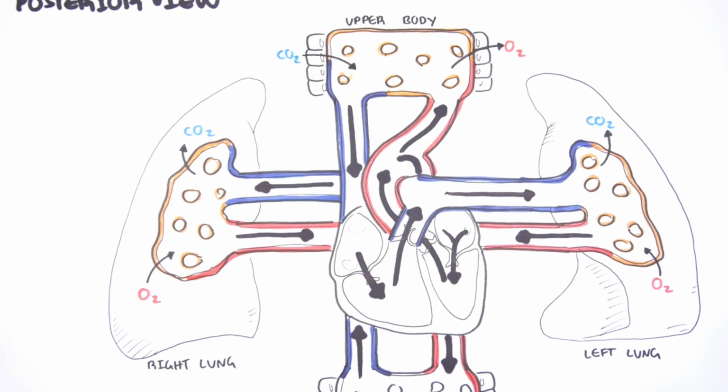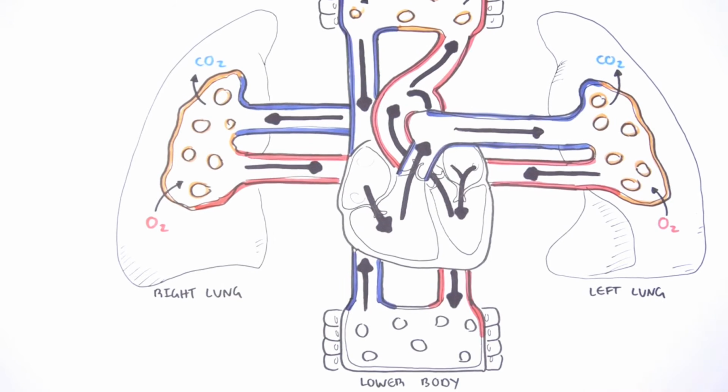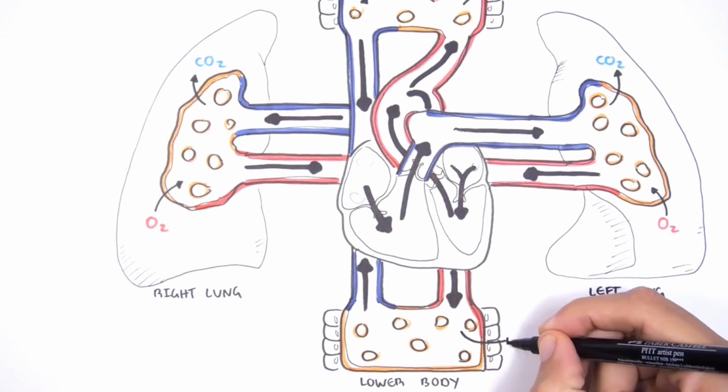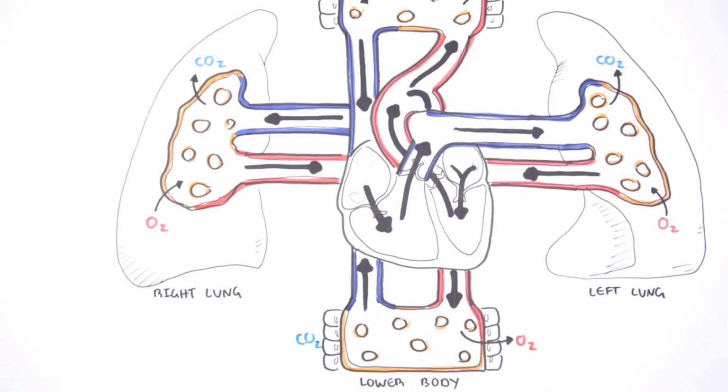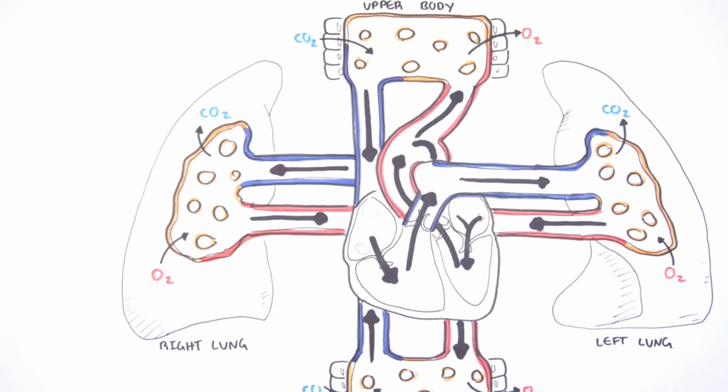And so you get deoxygenated blood once again returning to the right side of the heart. And the cycle continues. This diagram represents both pulmonary circulation and systemic circulation.